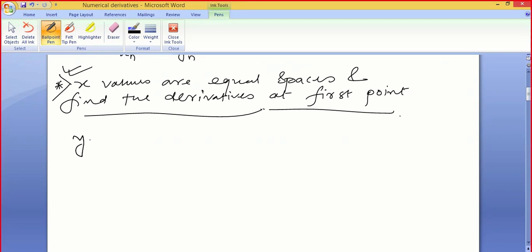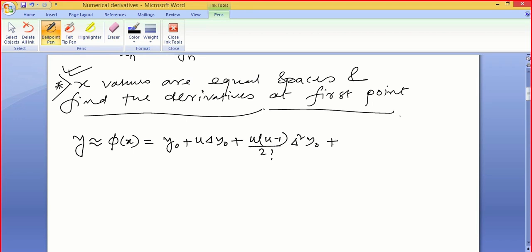Then your interpolated polynomial will be y equals phi x, whatever it is. That is y0 plus u del y0 plus u into u minus 1 by factorial 2 del square y0 plus u into u minus 1 into u minus 2 by factorial 3 del cube y0, and so on up to n linear factors multiplied and del n y0.